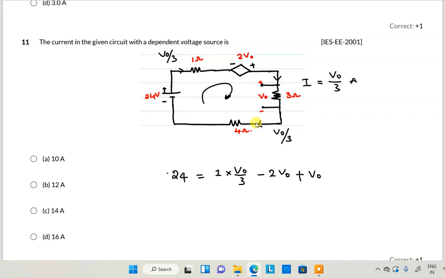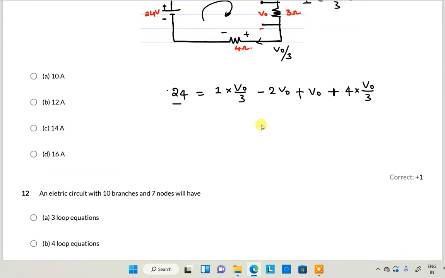Next, coming to here, plus, because of the sign, plus 4 into V0 by 3. The algebraic sum of the IR drops is equal to the EMF.